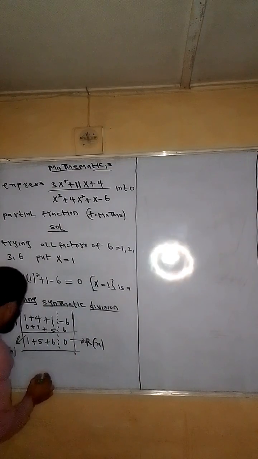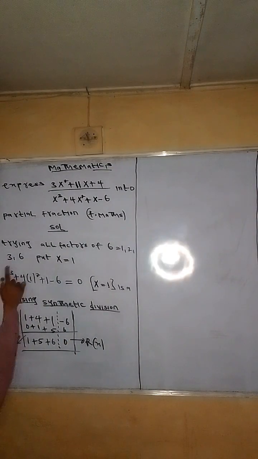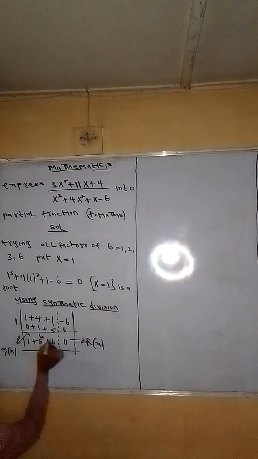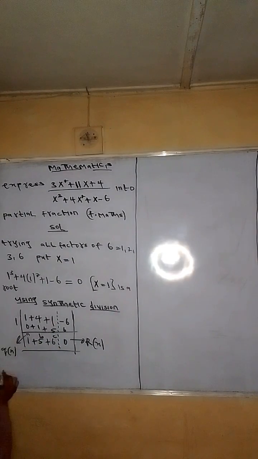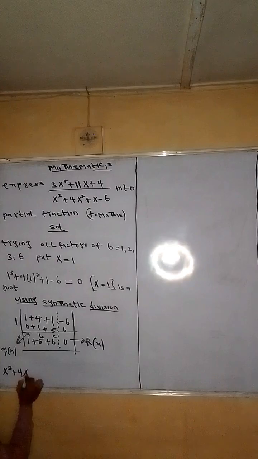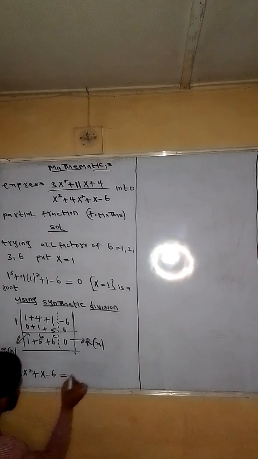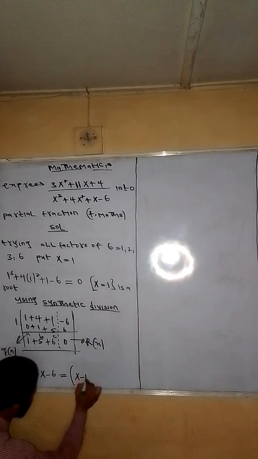So you can see that when we use 1 to divide that polynomial, look at what is happening here. Call this one A, this one B, and this one C. These form a quadratic. Therefore, the polynomial x cubed plus 4x squared plus x minus 6 gives us the same thing as x minus 1 times the quadratic.